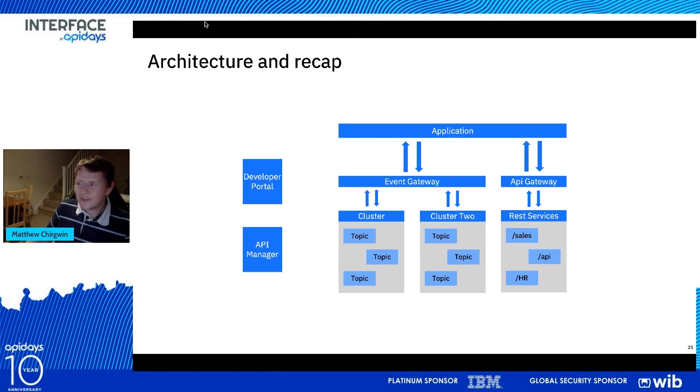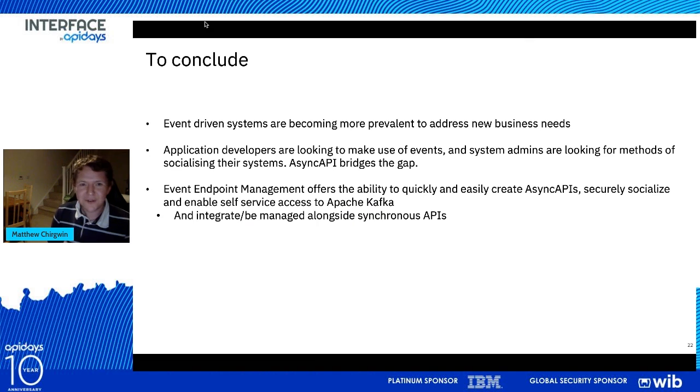So finally, just to wrap up, event-driven systems are becoming more and more prevalent to address new and interesting business use cases to be more reactive and deliver new and interesting customer engagements and stories. Application developers are desperately looking to provide that capability, but they're lacking the critical information of what information is available and how to get access to these systems.